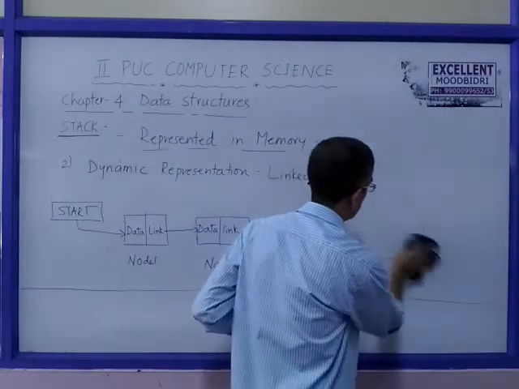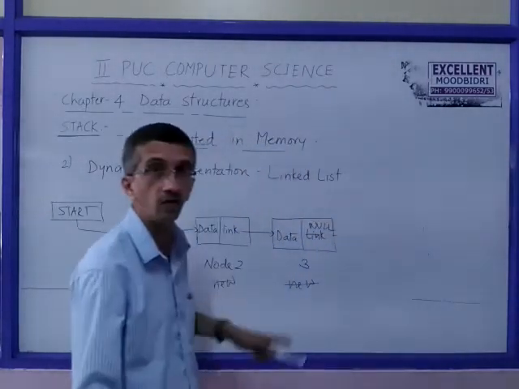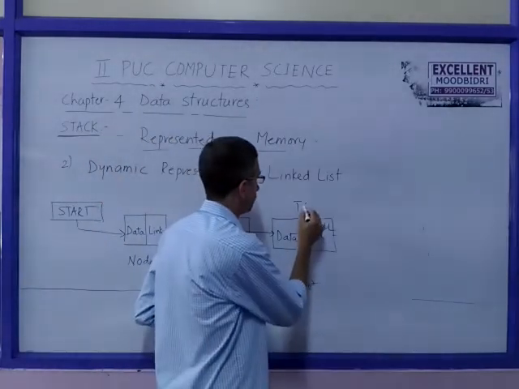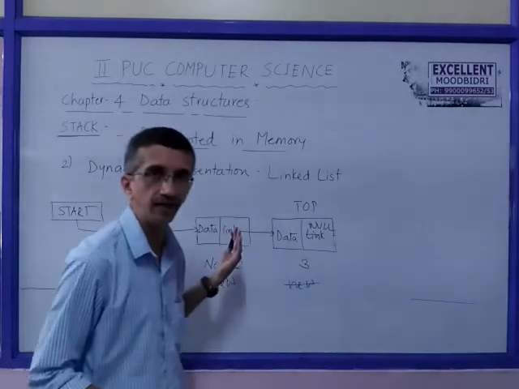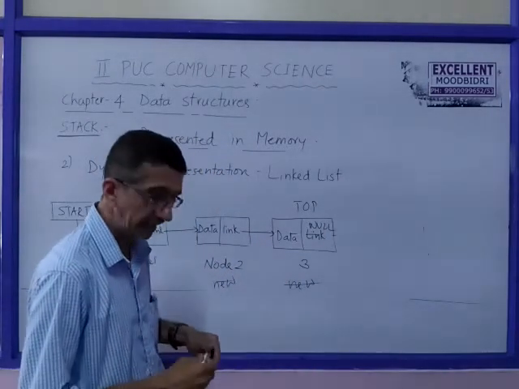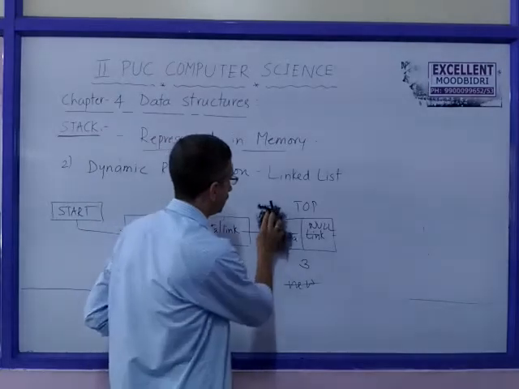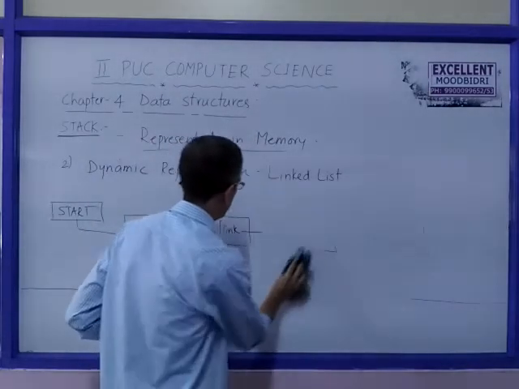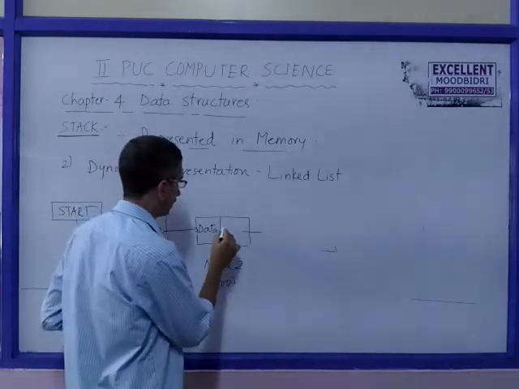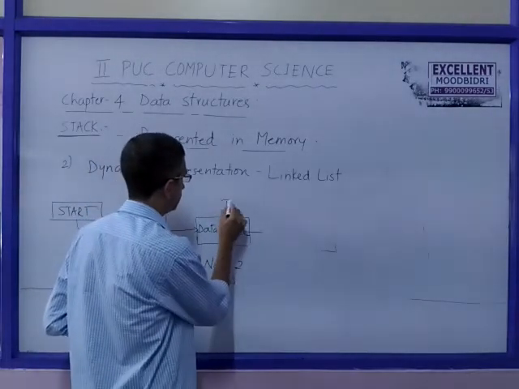Why? Because the null field marks that this is the last node. So this becomes the top node. Top is getting decremented: top is top minus 1. Next, deleting this one means you must delete this, and instead of the link you must have null here. This is the top node.